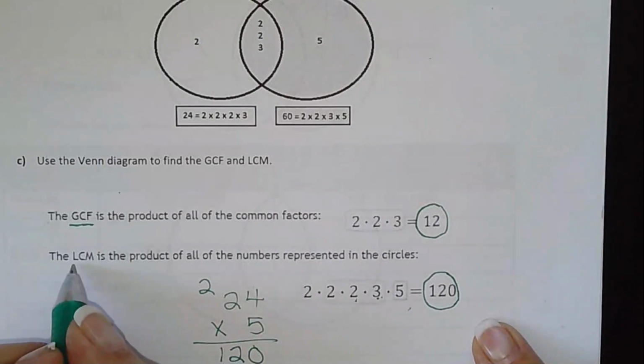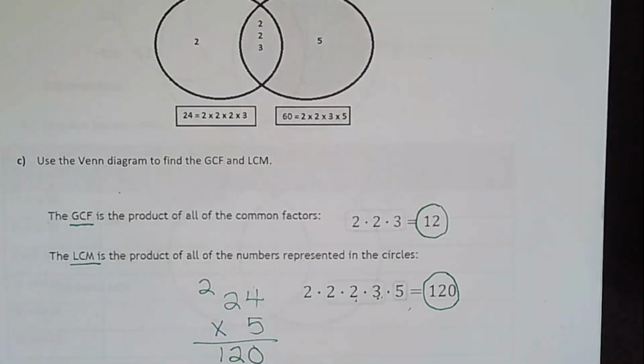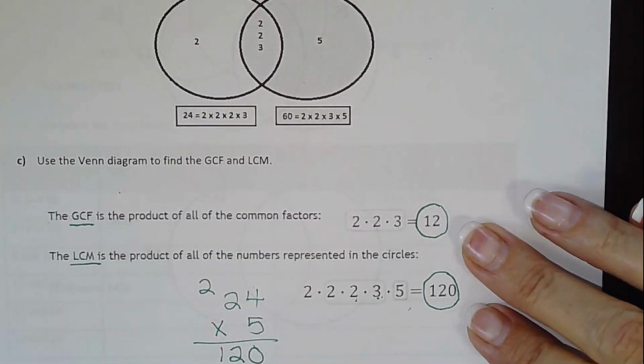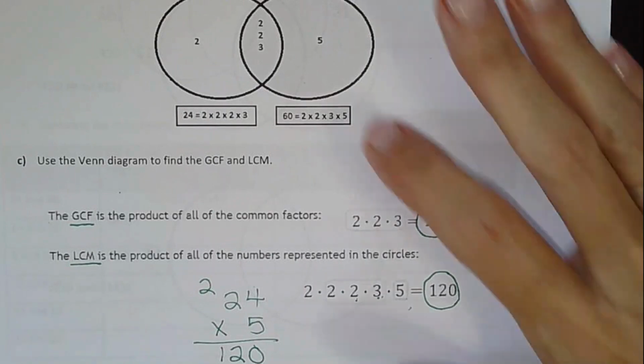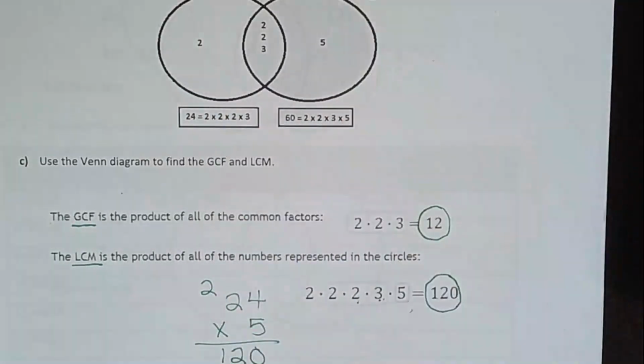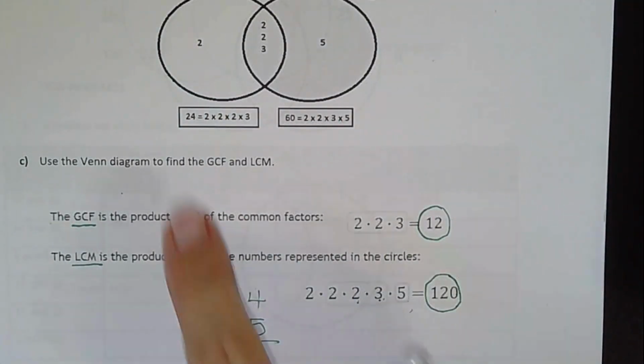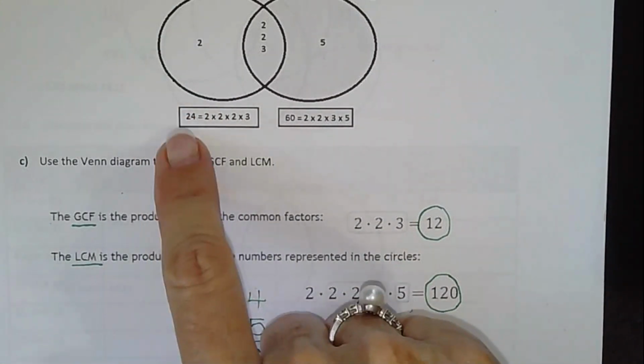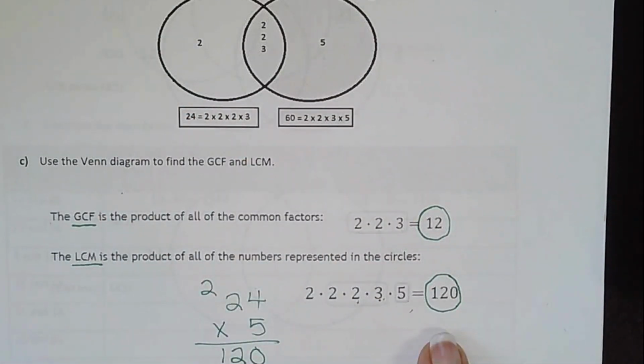So just by saying the names, not the letters, it will help you keep these straight. So a factor divides into them, and a multiple, they have to multiply to get to it. 24 multiplied by 5, 60 multiplied by 2. And that way you'll never get them mixed up.